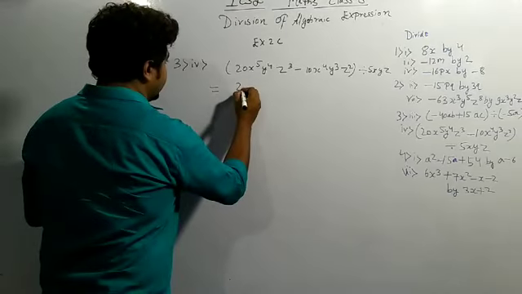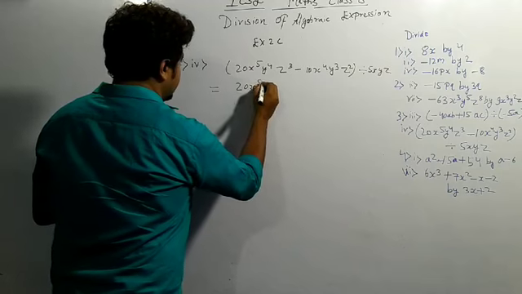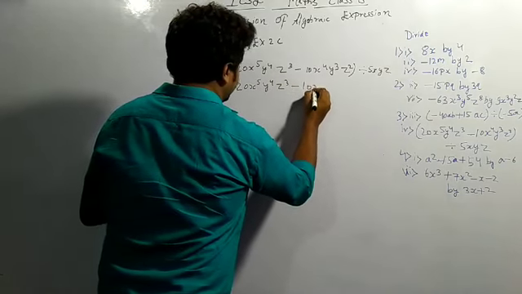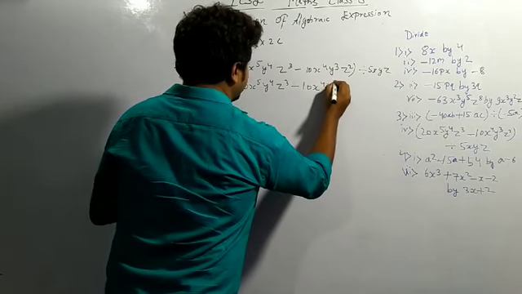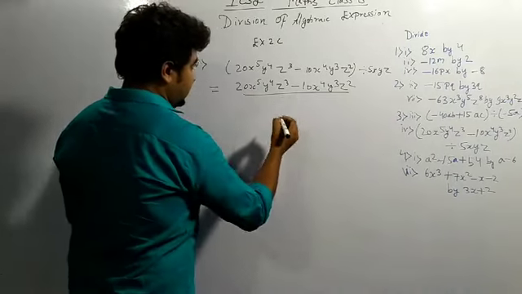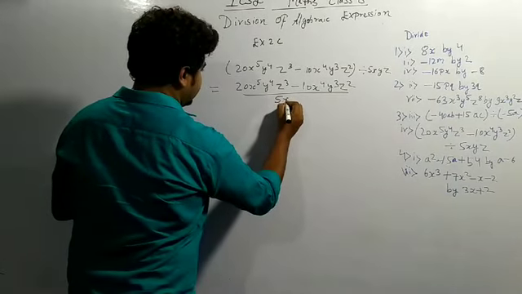So again we can write it as 20x5 y4 z cube minus 10x4 y cube z square. Therefore, we'll be again dividing it by 5xyz.